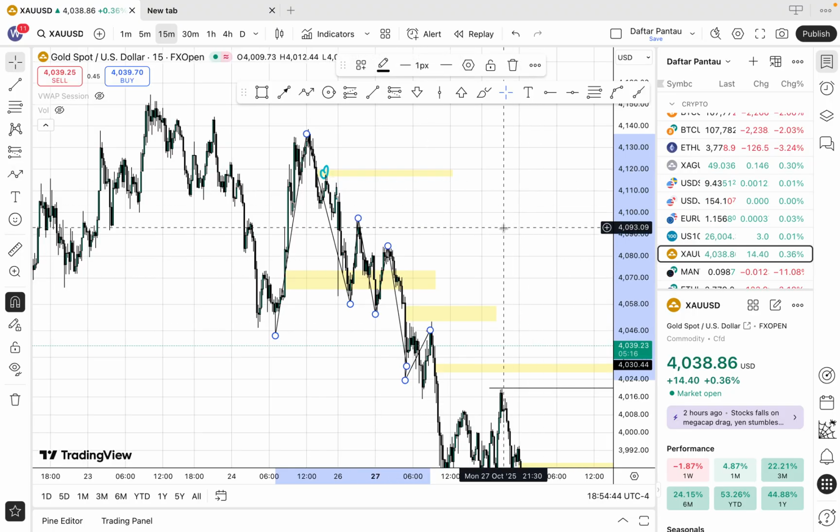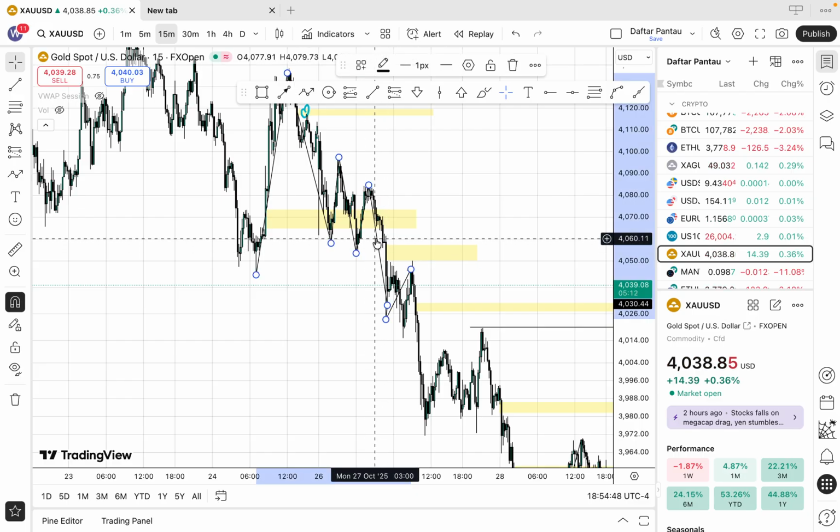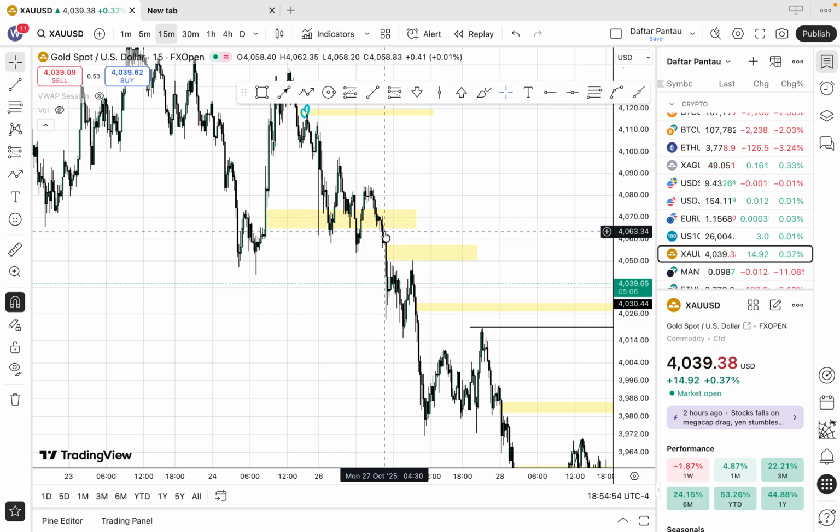That simple. Why do we define market structure? Because when we define it, it helps us determine whether the market is actually bearish or bullish, like this.